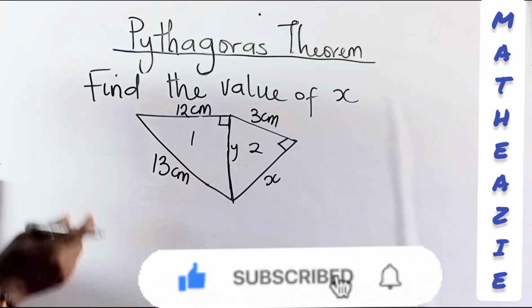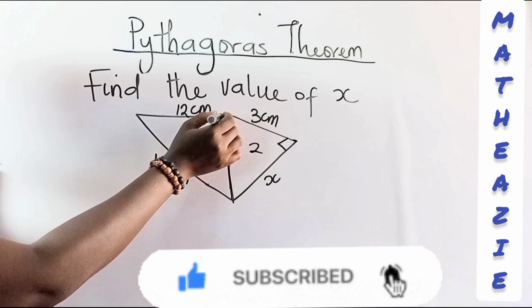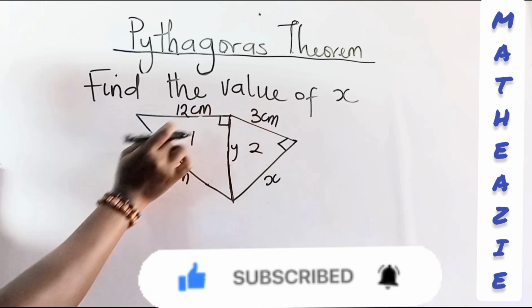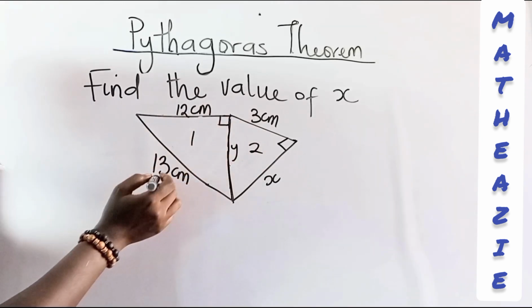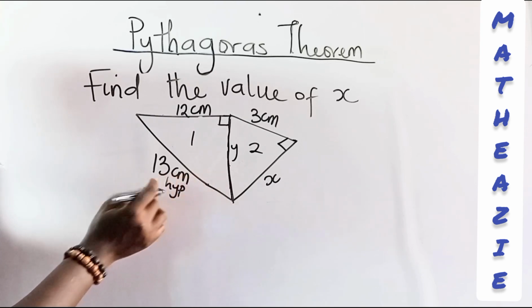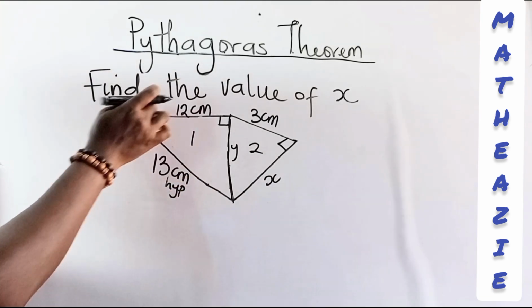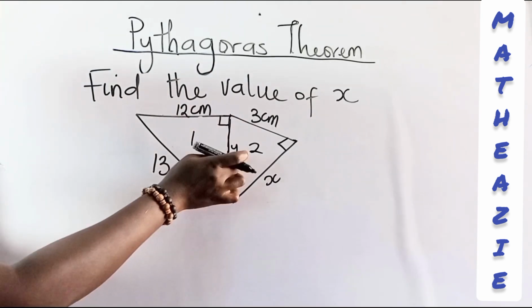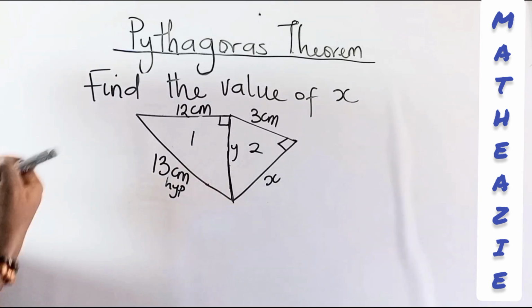Now, let's apply Pythagoras theorem. You know that the side facing the angle 90 is the hypotenuse and is usually the longest side. So this can be the opposite and this can be the adjacent, whichever one.